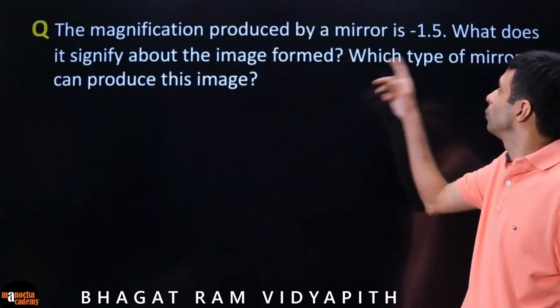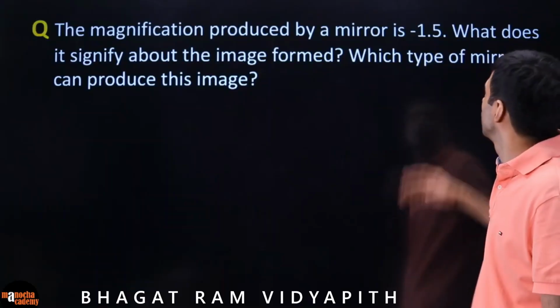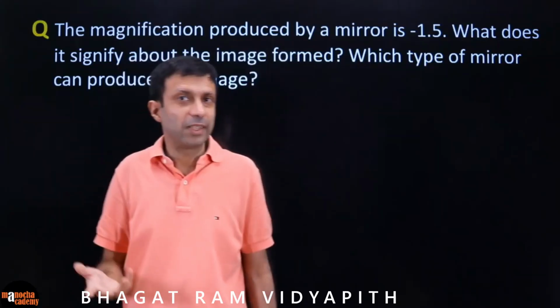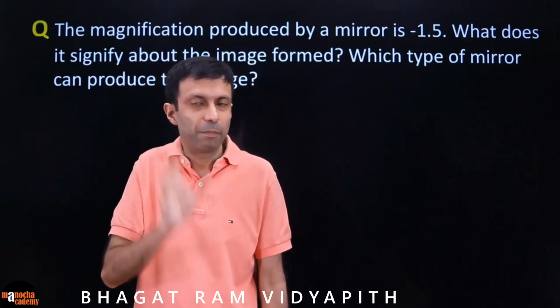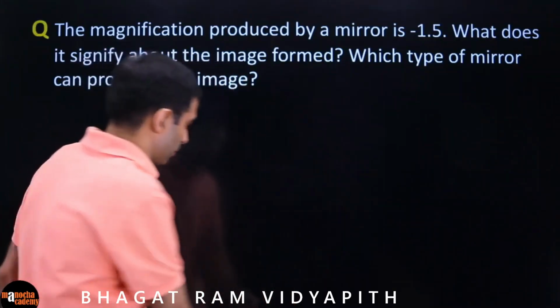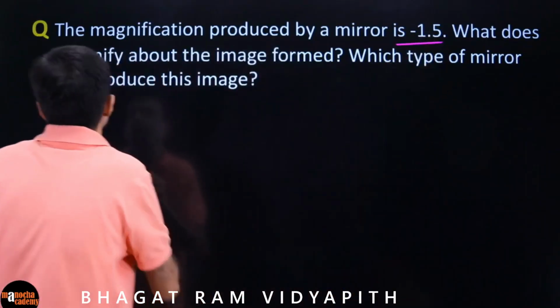The magnification produced by a mirror is -1.5. What does it signify about the image formed? Which type of mirror can produce this image? So like we were discussing, look at that magnification number, break it down and try to solve this. So what have they told us? Magnification is given as -1.5.